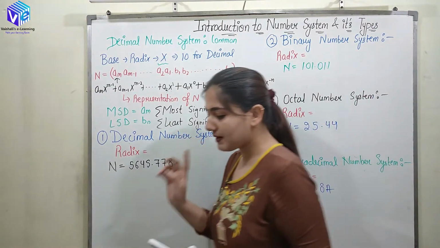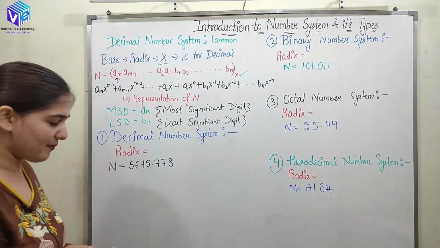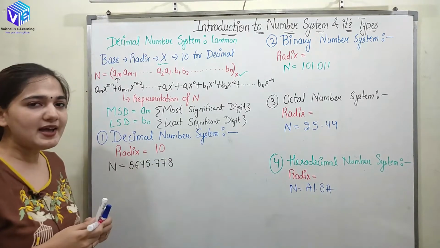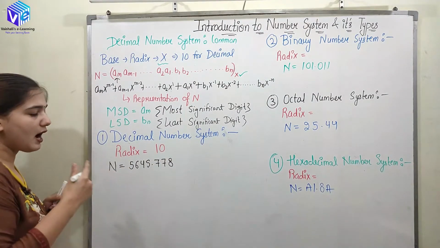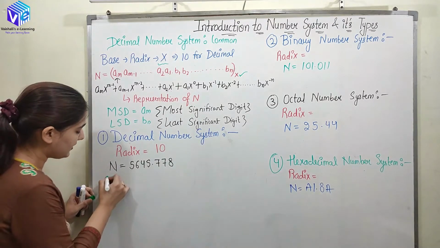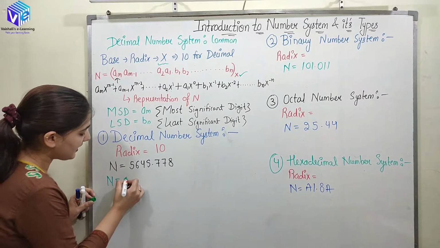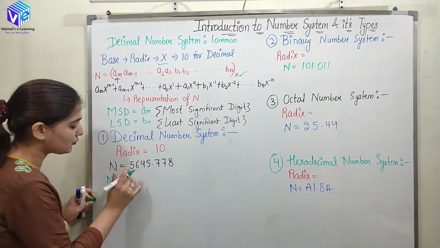So what is the decimal number system? The decimal number system is the number system that we are most commonly using, and here the radix value is 10. If I have any number n given, how can I represent this number? It can be represented with this formula. So I can represent n as 5, which is the fourth position.